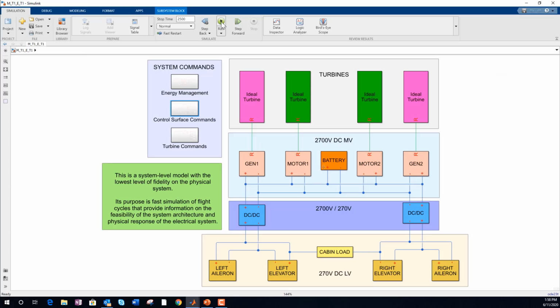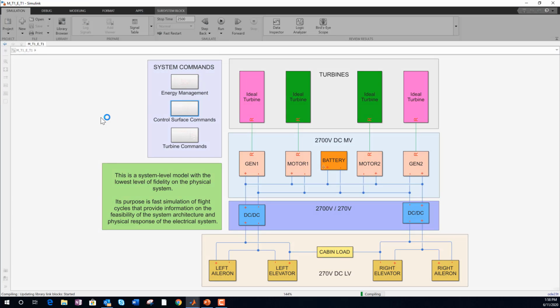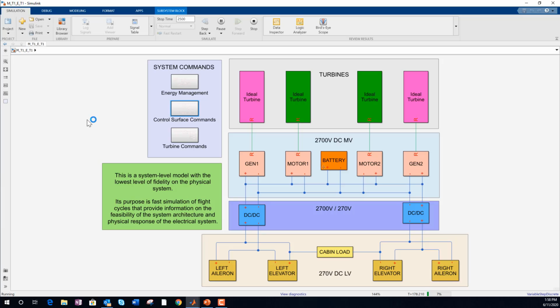So let me now run the simulation. So you can see that it's simulating very quickly. It takes about 15 seconds of real time to simulate a 2,500 second flight profile. In this case, the simulation sample time is 10 milliseconds.